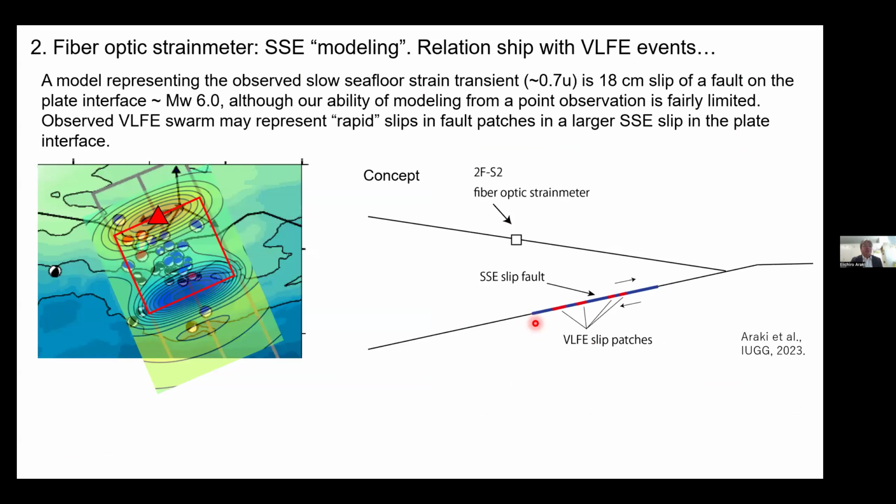This observation also suggests that the long duration transient indicates the existence of a larger and slower fault slip in the background of these small VLF event fault patches, like the conceptual cartoon here. Although it is very difficult to model the fault motion from a single point strain measurement.